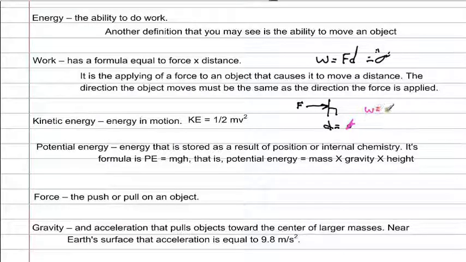So for now, let's say that I pushed with a force of 10, and you don't know what this is yet, but we'll learn about it, 10 newtons. And if the chair moved 10 meters, because meters we know is the units for distance, if I multiply those together, we had work equal to 100 joules.